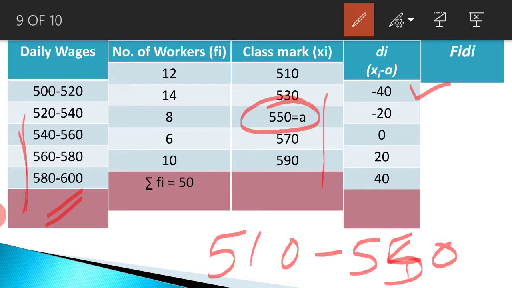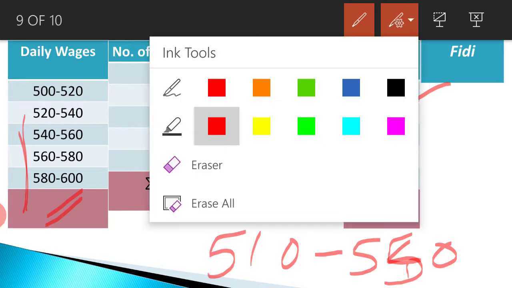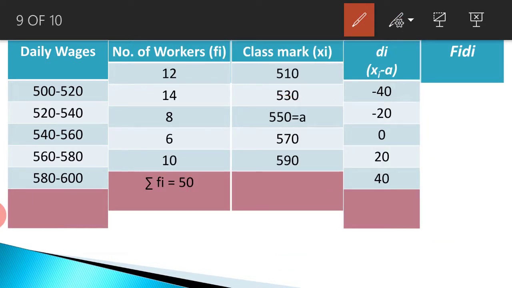So 510 minus 550 is minus 40. Then the next calculation, 530 minus 550, is minus 20. Then 550 minus 550 is 0. That's why we have to select the assumed mean from one of these values, because one entry is 0. That means one product is 0, which is easy for us and decreases our work. Now 570 minus 550 is 20.